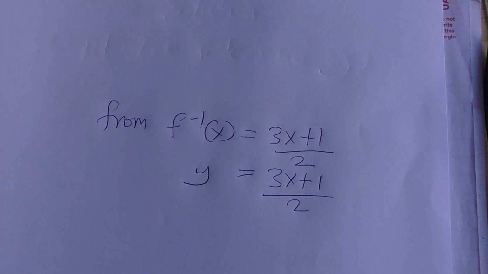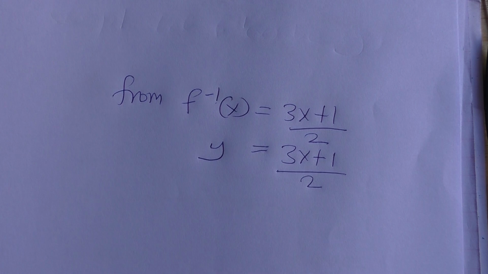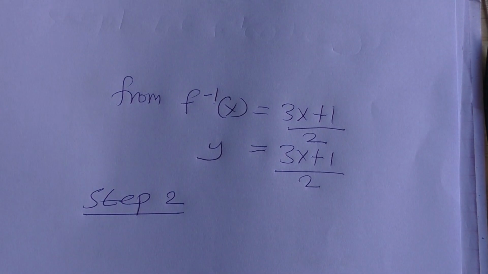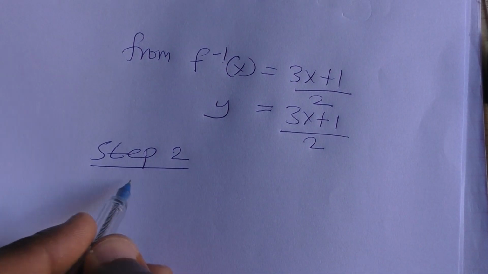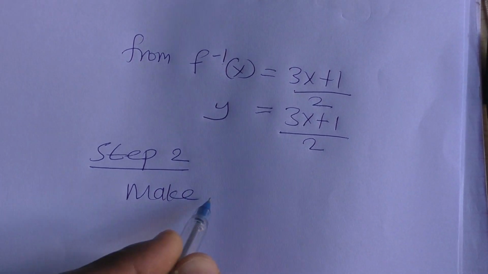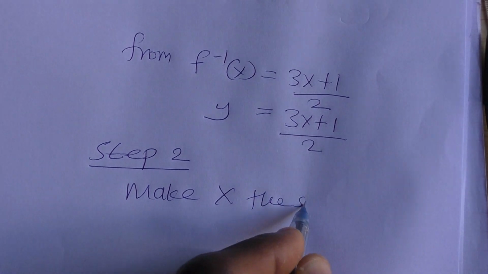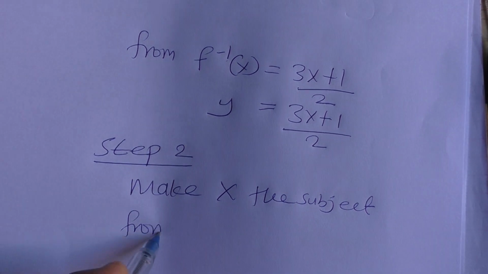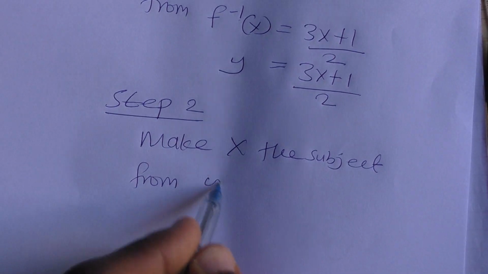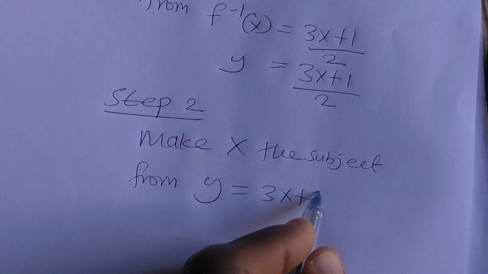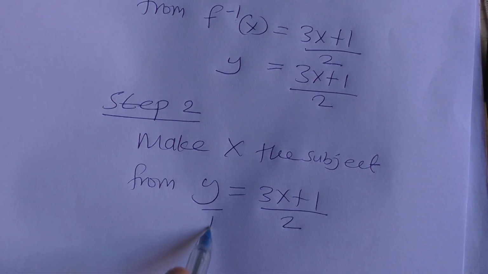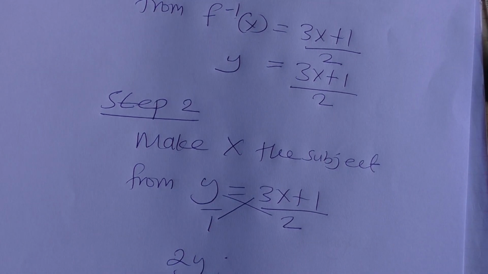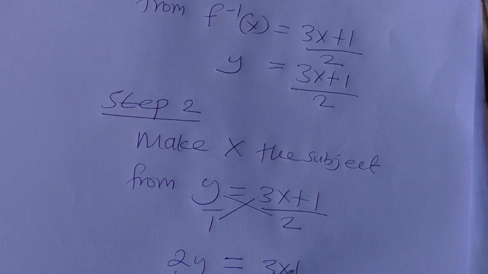We go to step 2. Step 2 is we make x the subject. That is, from y equals to 3x plus 1 over 2, that gives us 2y when we cross multiply, equaling to 3x plus 1.